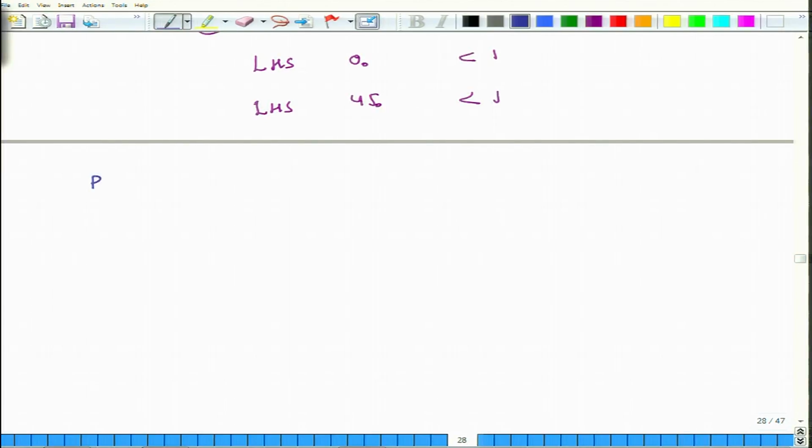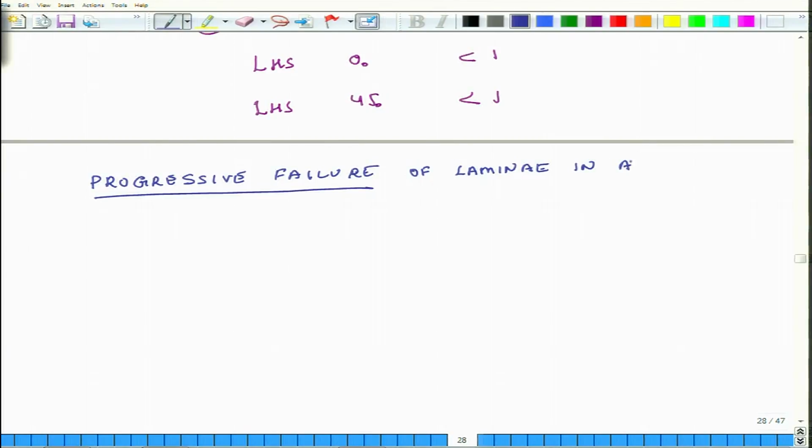Now, we will discuss the second part of this puzzle, and that is progressive failure. Here I will first write an algorithm for progressive failure in a laminate.